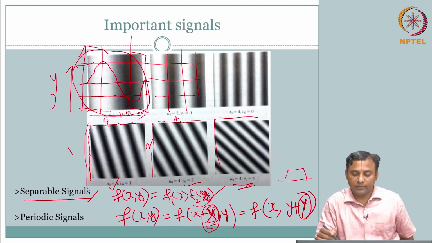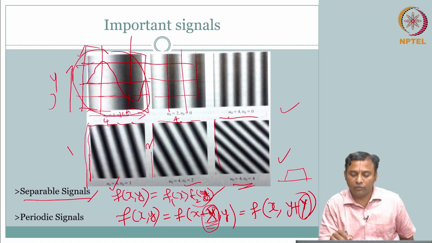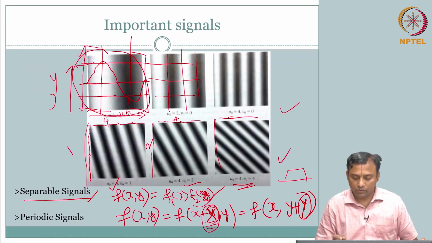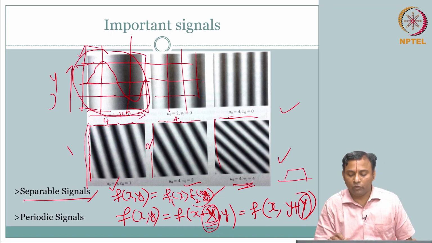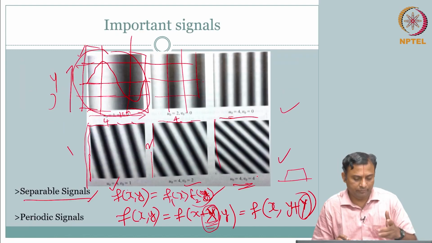Of course, the sinusoid we just covered is also periodic. The only difference is that the frequencies are 1 over capital X and 1 over capital Y, that will be your u naught and v naught. The frequencies will be the inverse of the time period, or your spatial period.